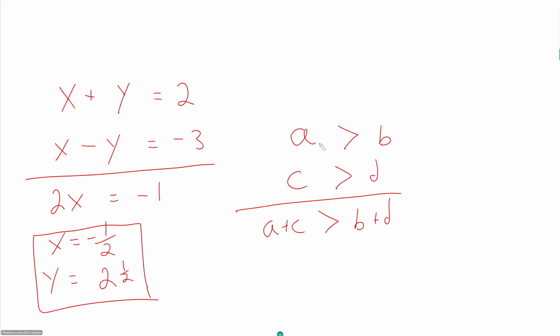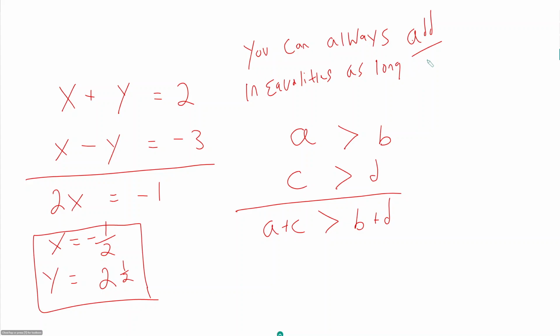Now, you cannot subtract these guys. And so the rule is you can always add inequalities as long as their sign are facing the same direction.